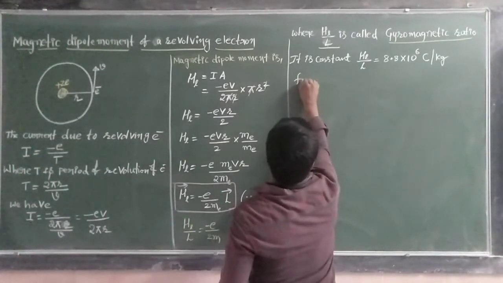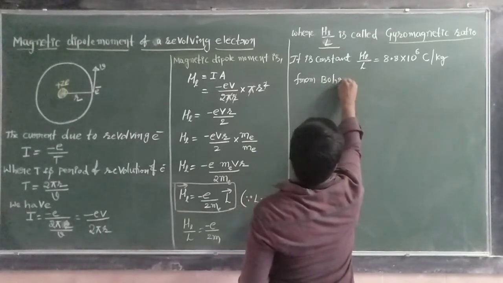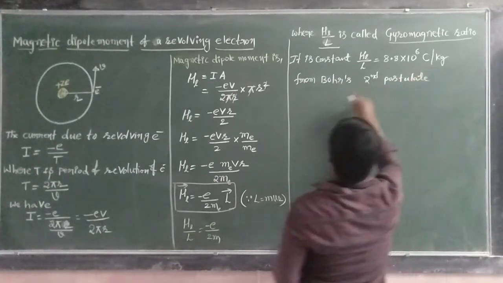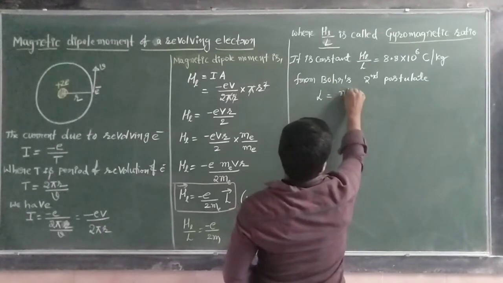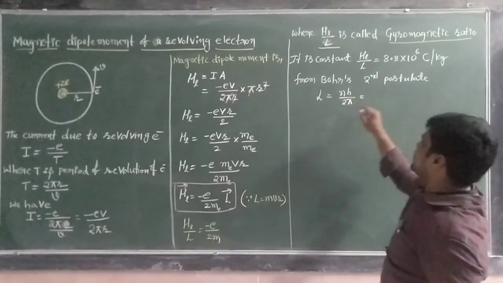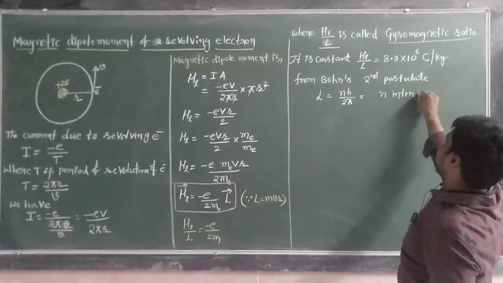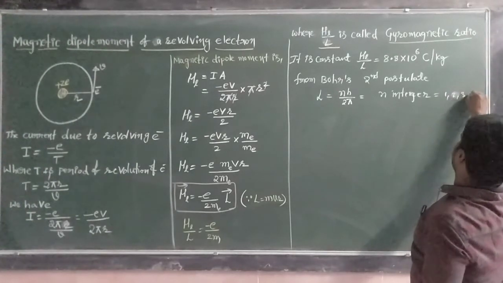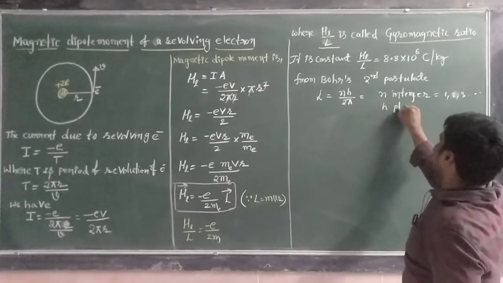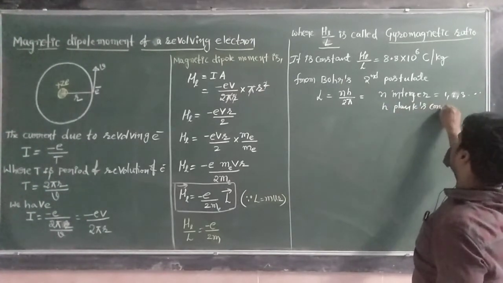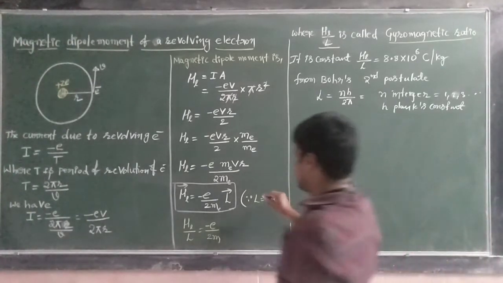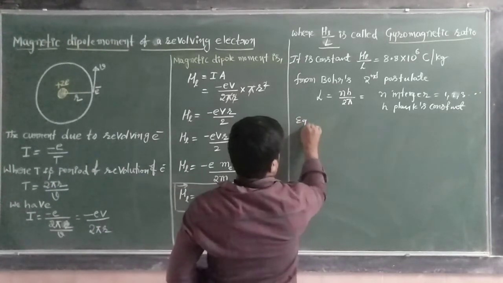From Bohr's second postulate we can write angular momentum L is equal to nh by 2 pi, where n is an integer, that means n equals 1, 2, 3 and so on. h is Planck's constant, whose value is 6.625 into 10 power minus 34 joule second.